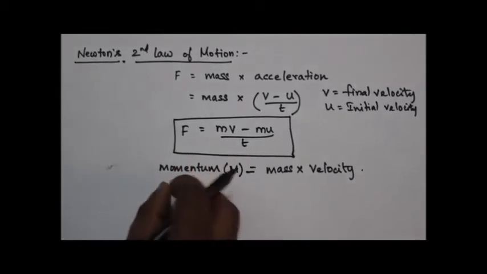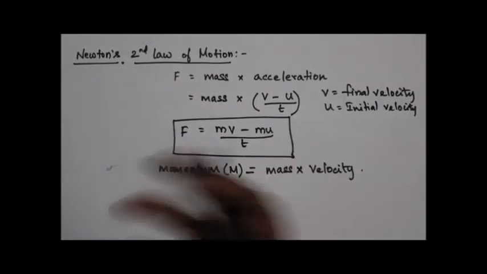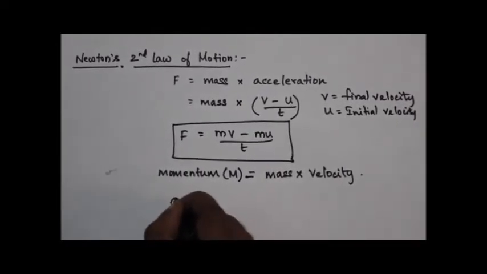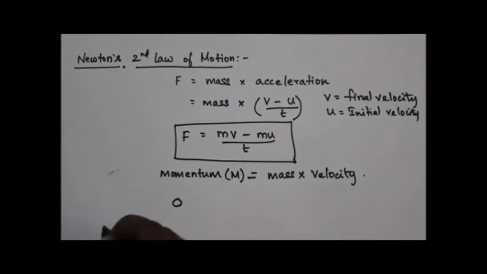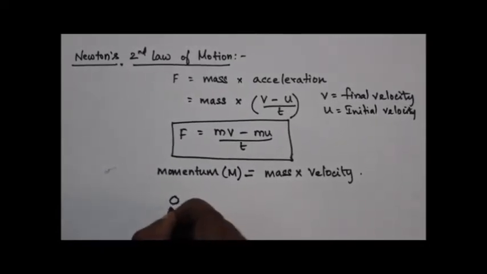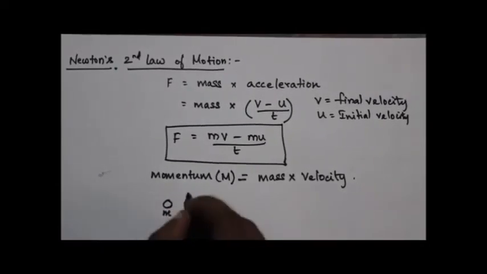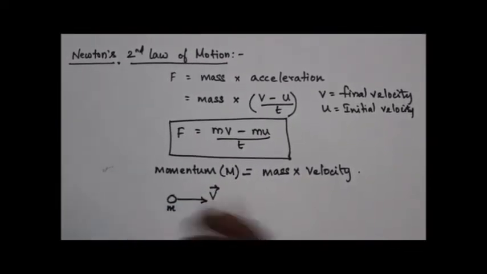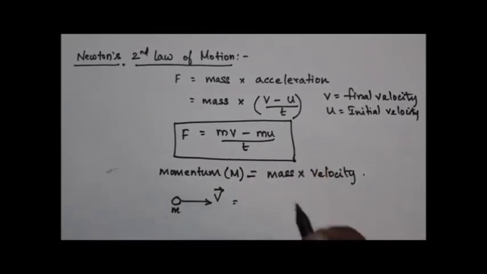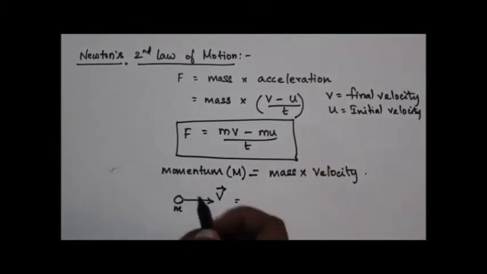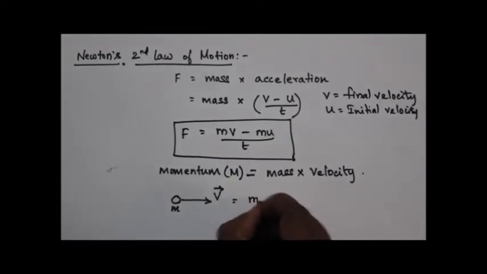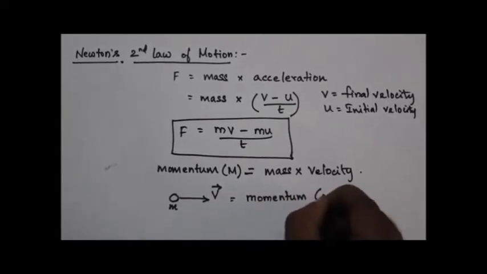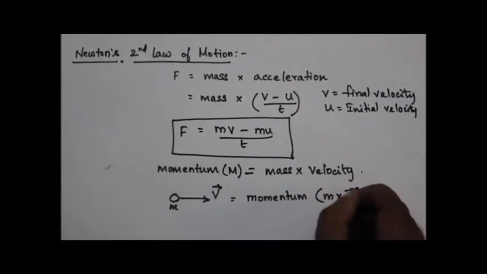So where does momentum play a very important role, and what is it actually? If you take a ball, or consider a bullet, which has a very small mass m, but it is fired at a greater velocity v, then you will feel a much higher net impact, and that impact is what we call momentum, which is nothing but the mass of this bullet times the velocity v.